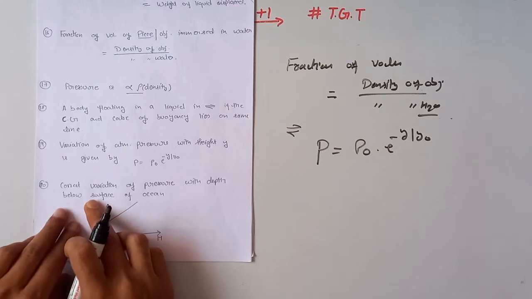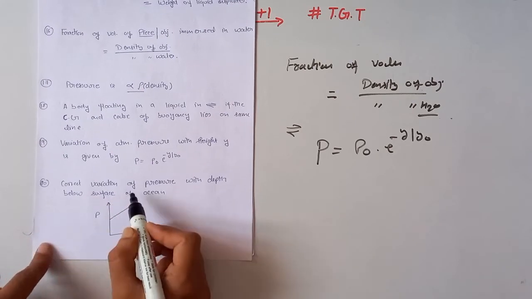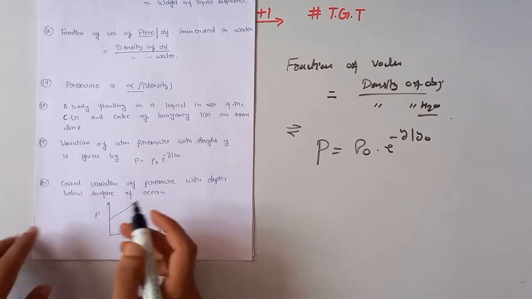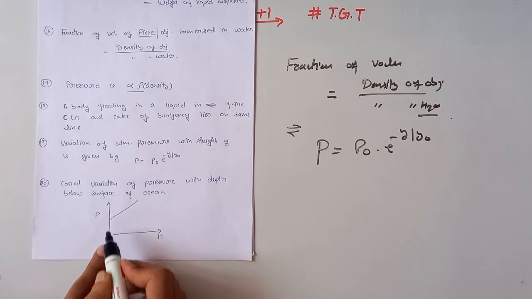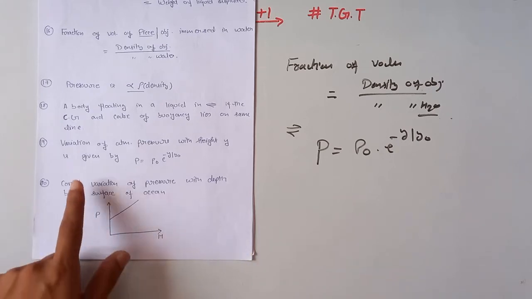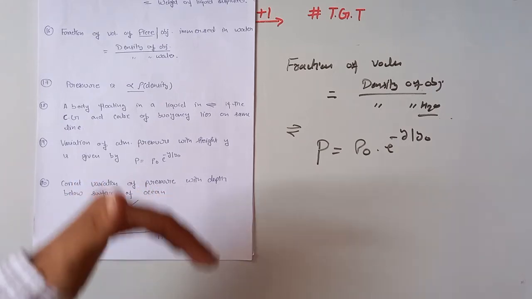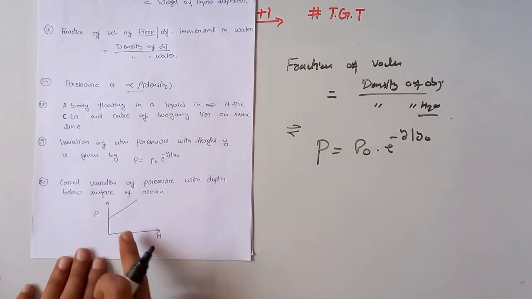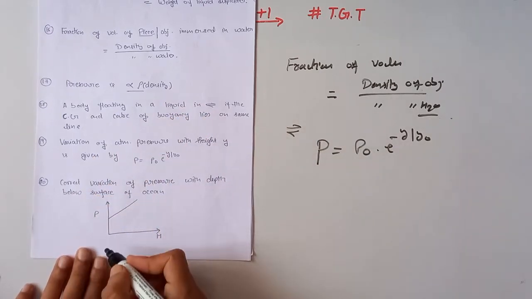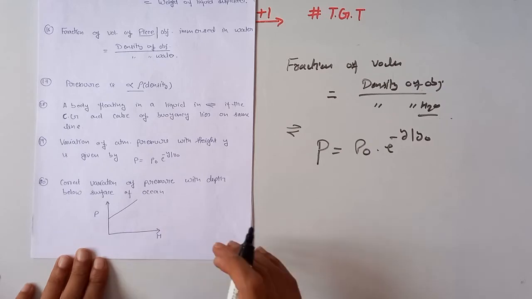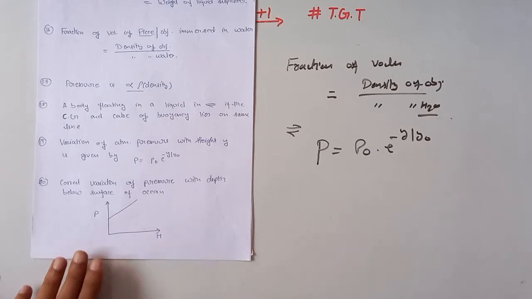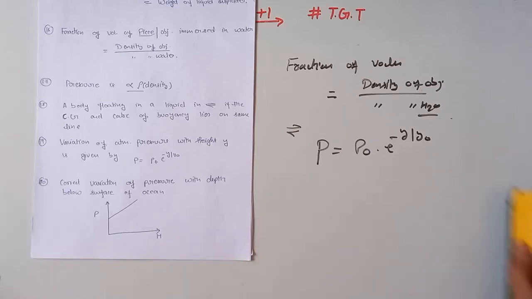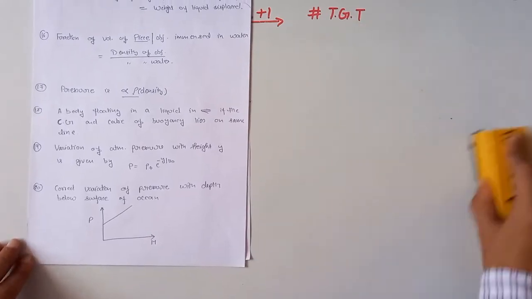Our next key point is that the correct variation of pressure with depth below the surface of the ocean is represented by this graph. Along the y-axis it is pressure and along the x-axis it is height. I hope all these key points are clear to you.